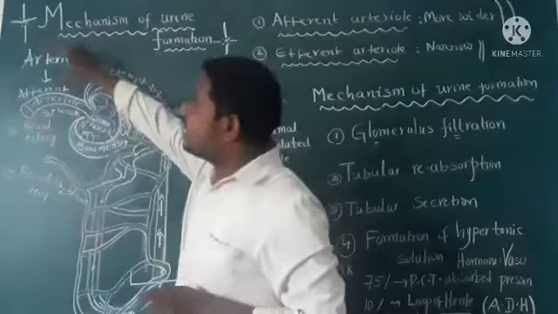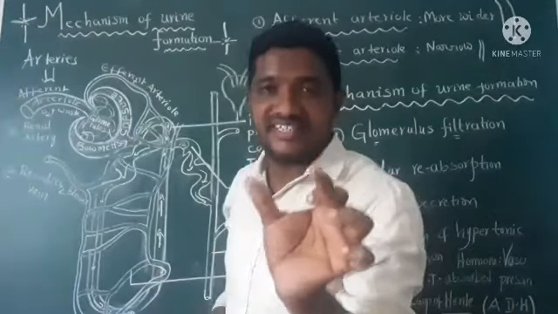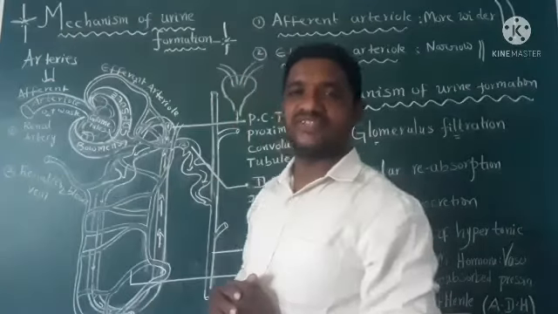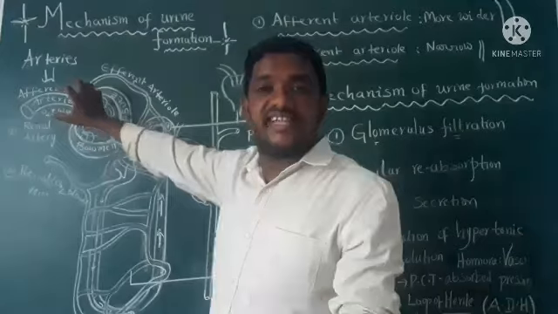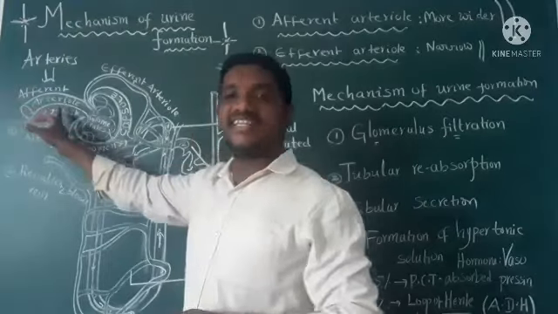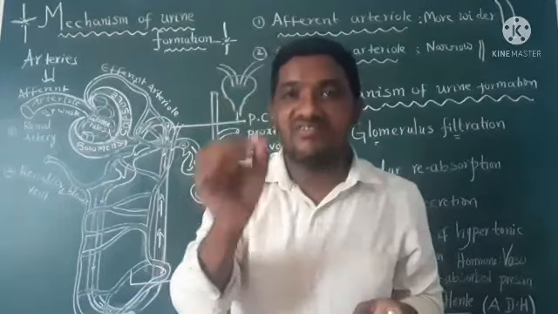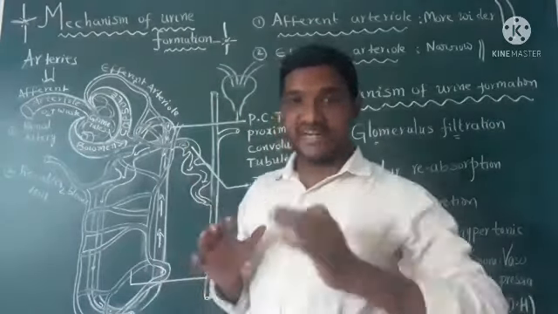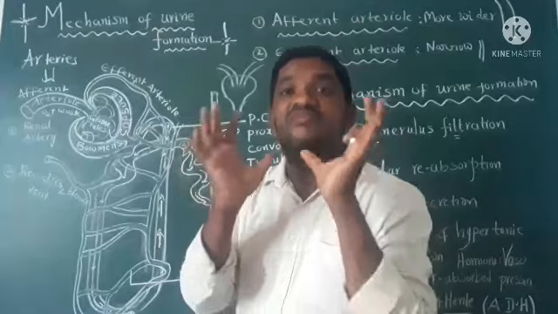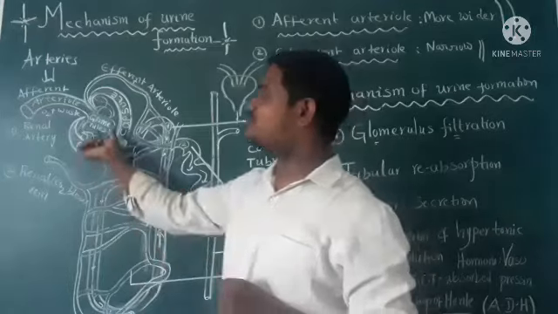It comes from the arteries to the afferent arteriole. The afferent arteriole carries oxygenated blood with waste products. Remember it? These will reach the glomerulus, the finest blood vessels.